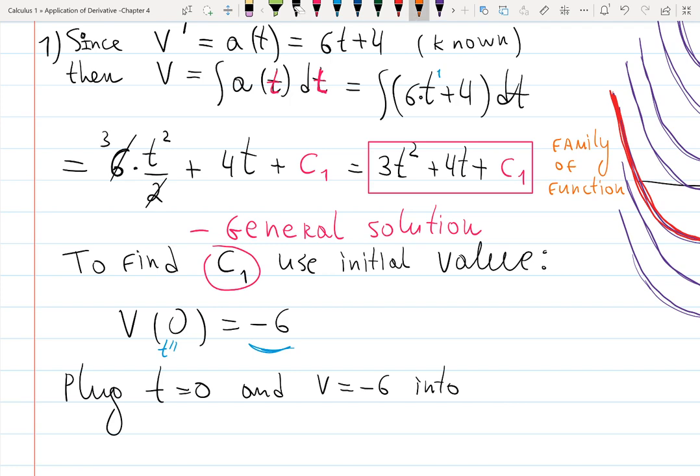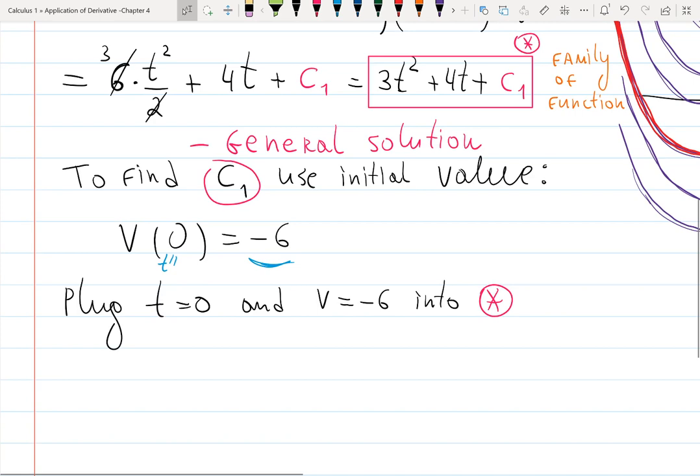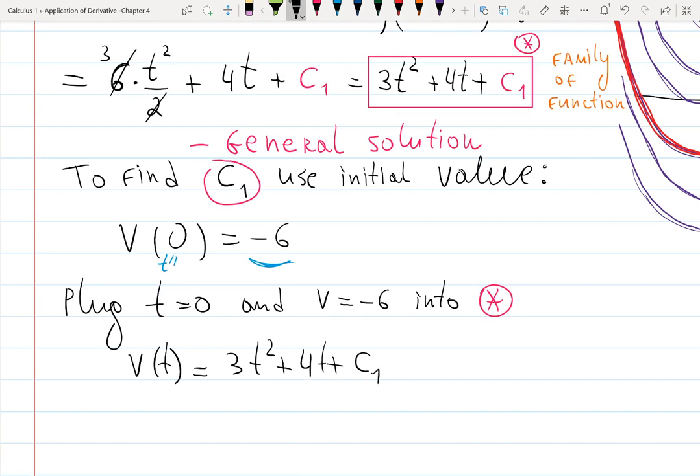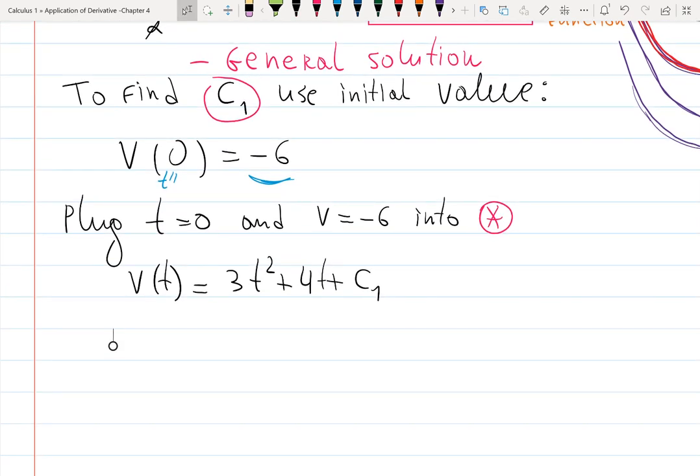And let me call it somehow. Since it's pink, I will call it star over here. So the star says v of t is 3t squared plus 4t plus c1. That's my star. Now, v of t is -6.